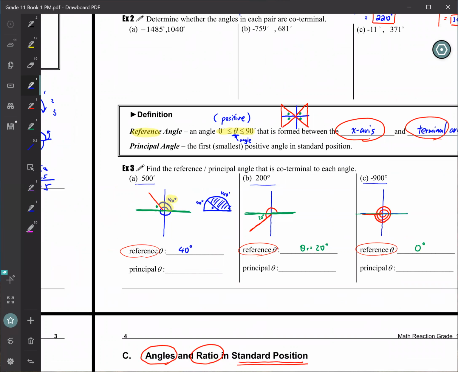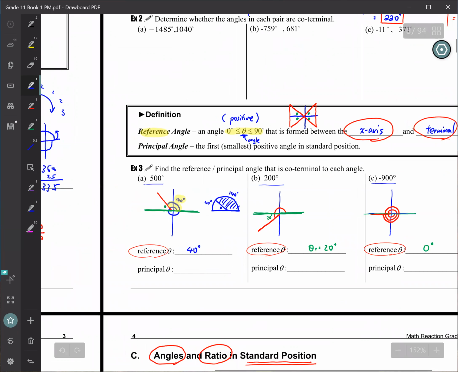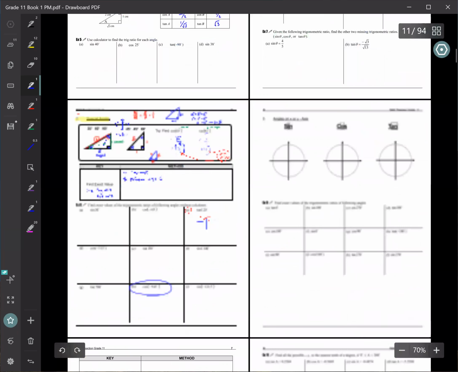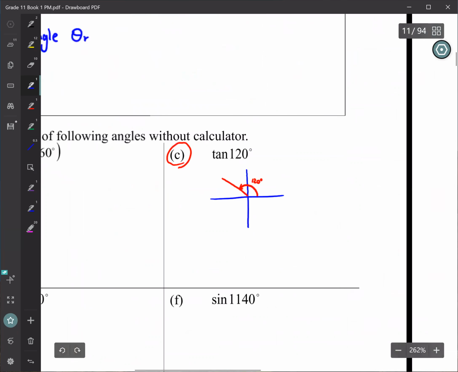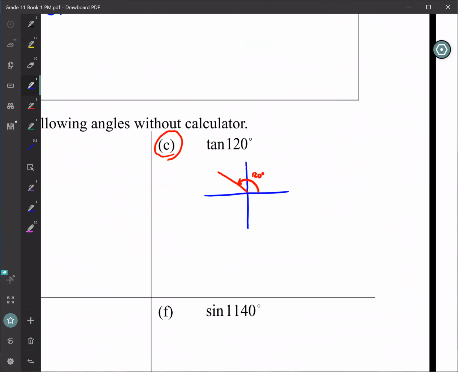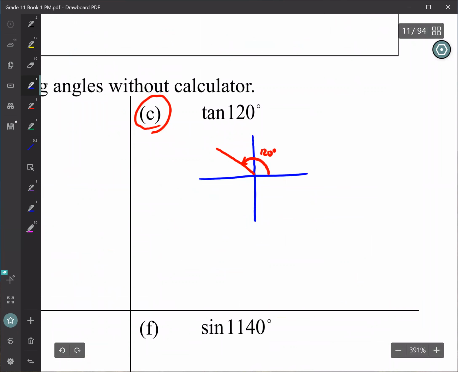So we're collecting all the knowledge you learned before, putting it together. All right, so please raise your hand again once you got the reference angle for this picture. 120°, the reference angle.